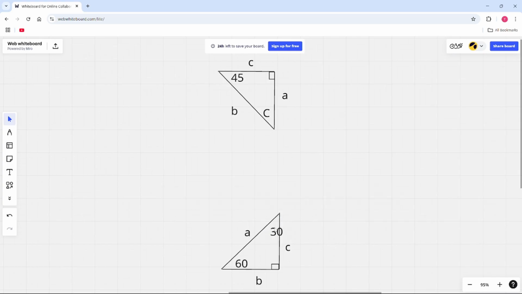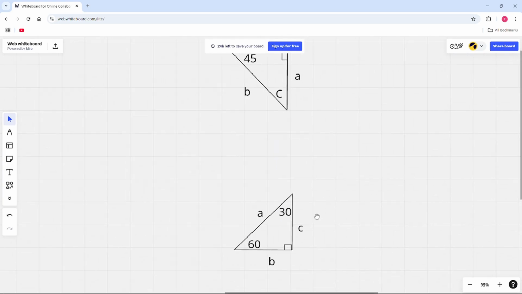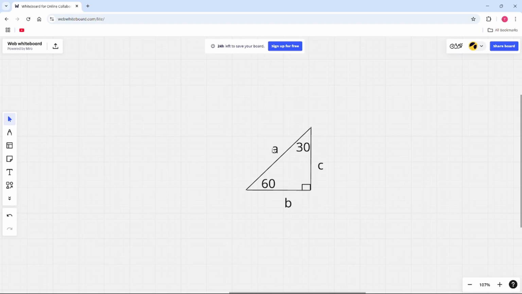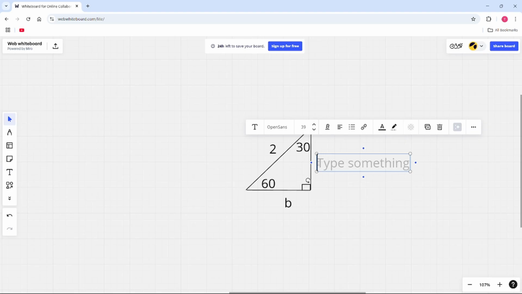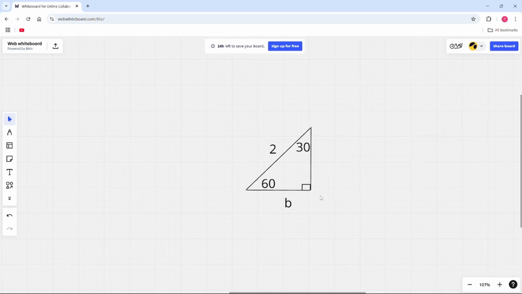This missing angle is 30 degrees. Our A, in this case the hypotenuse, is equal to 2. Our C is equal to root 3. And our B over here is equal to 1.